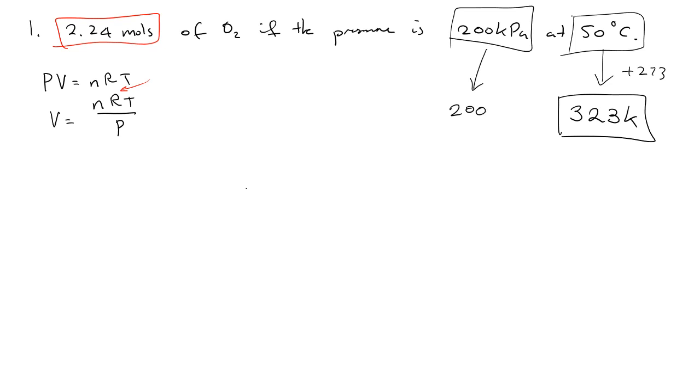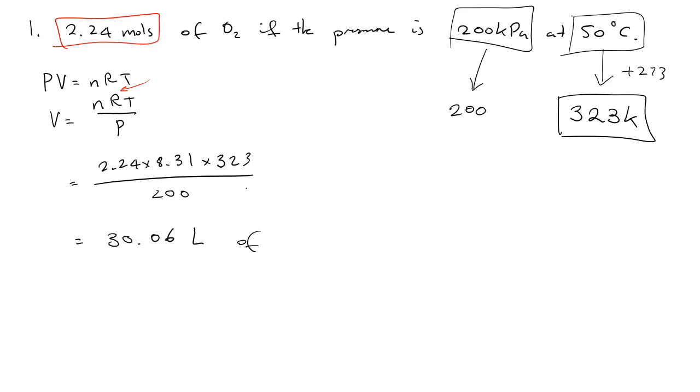So substitute the values in. 2.24 times 8.31 times 323 over 200. And we get 30.06 liters of oxygen gas.